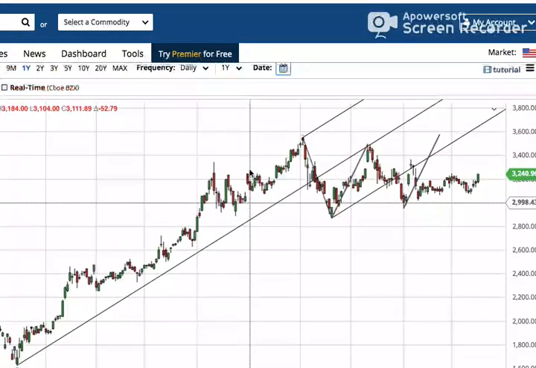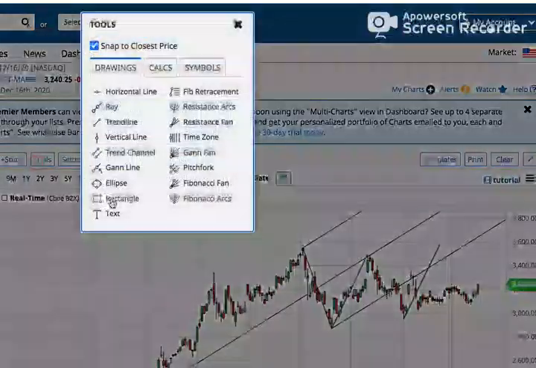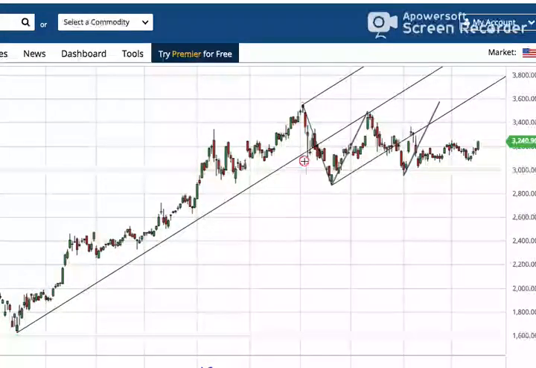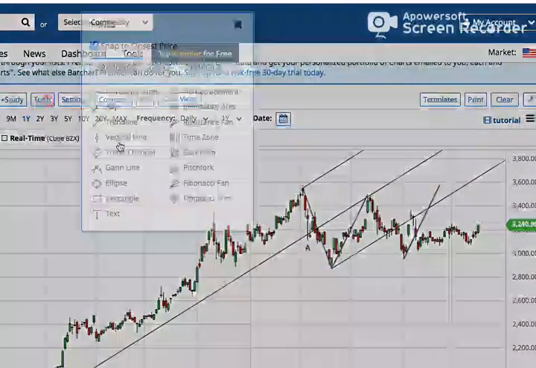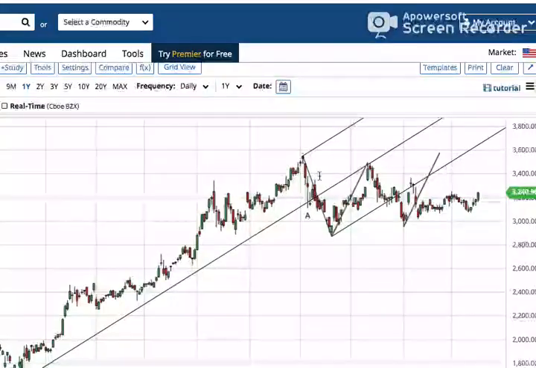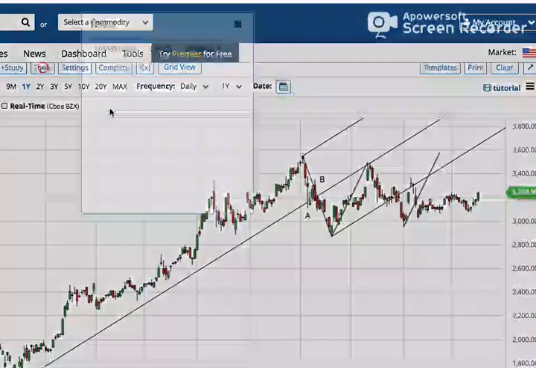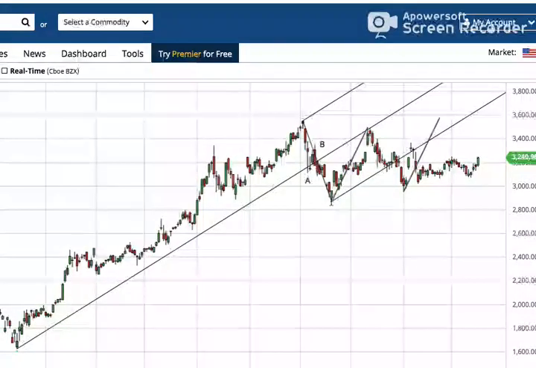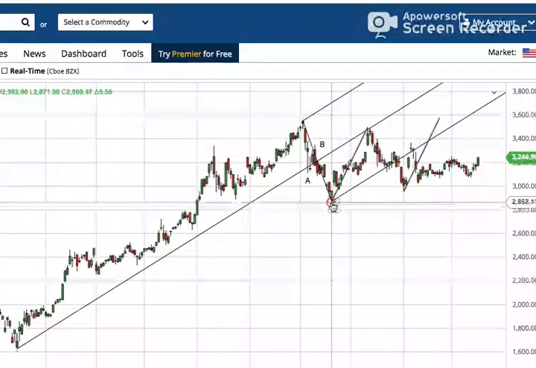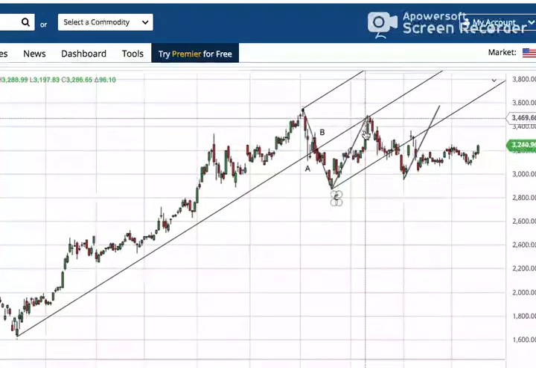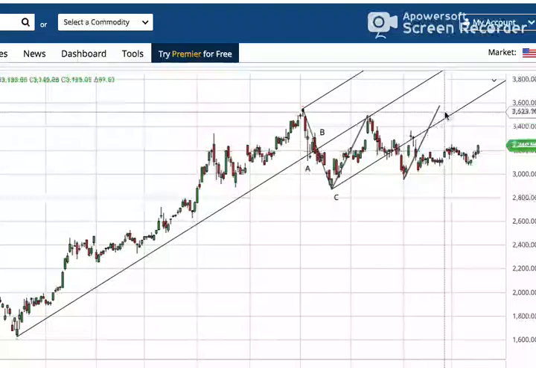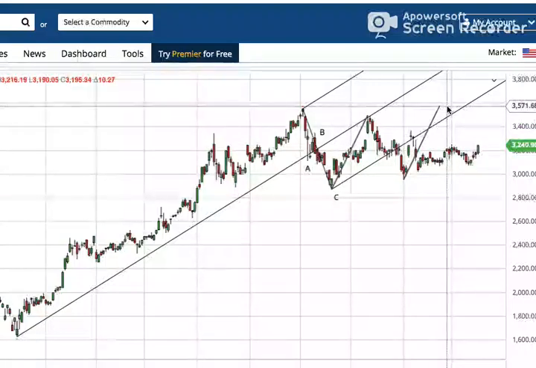It looks like from an Elliott wave perspective, it's completed an A, B, C correction. This is going to be our wave 1 higher, our wave 2 correction. Wave 3 will take us to 3,600 very soon.